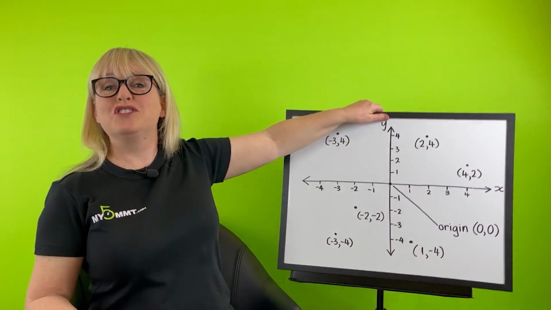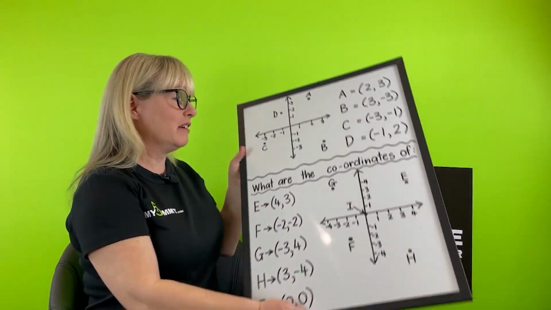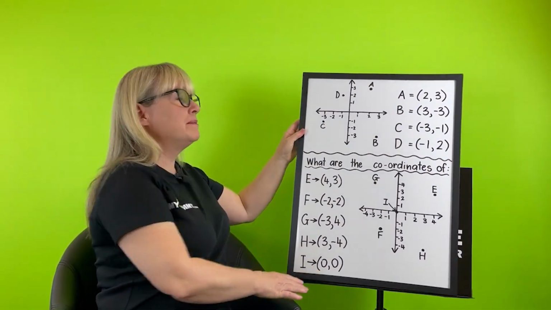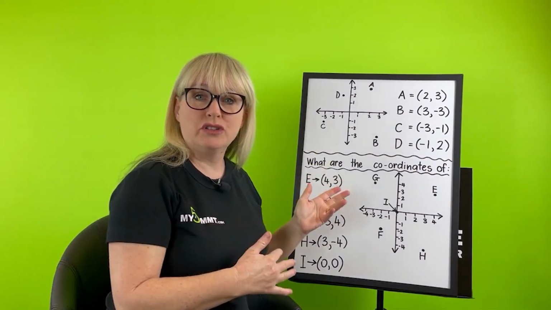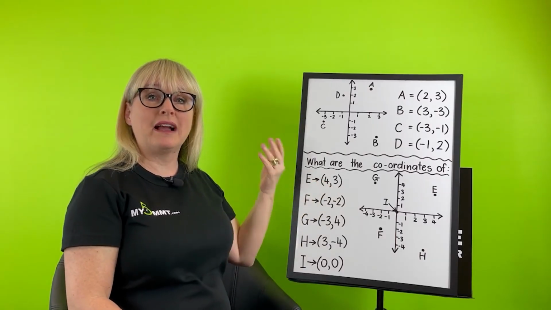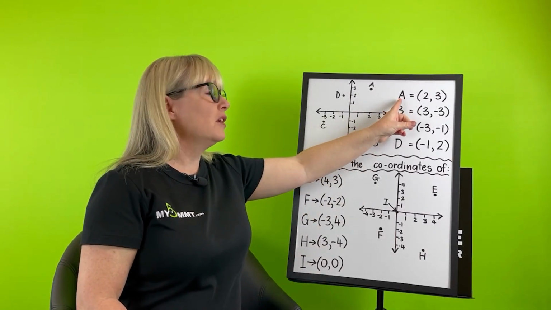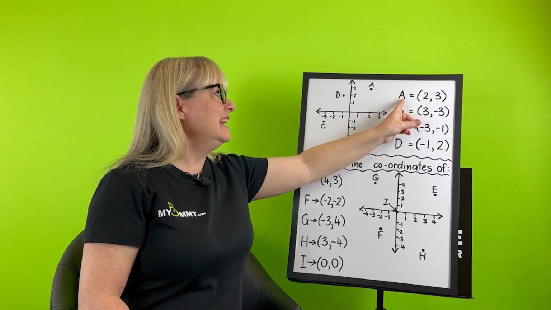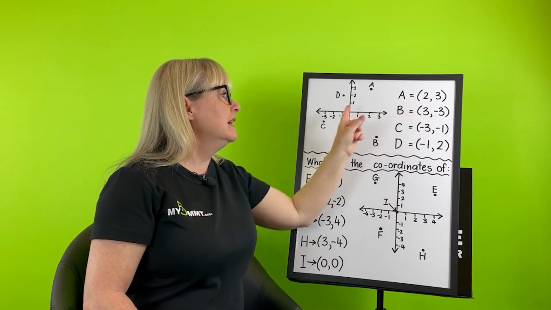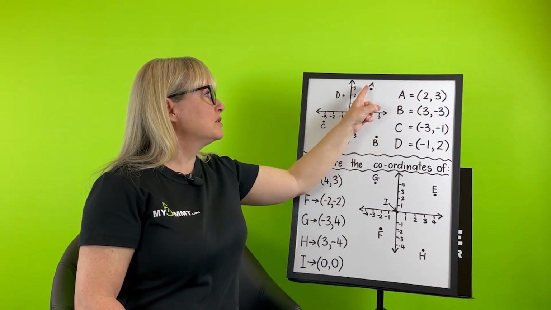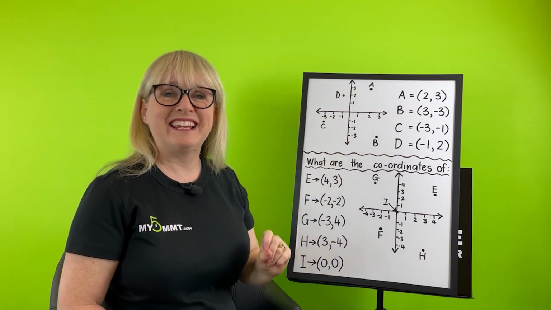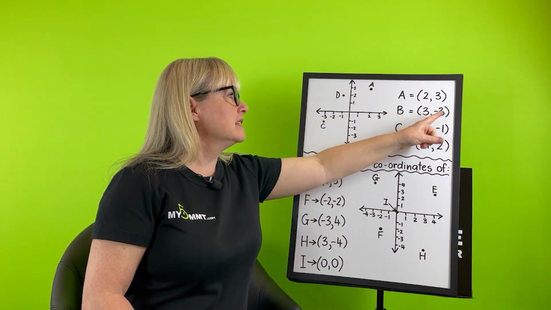Well, we can use our coordinates once we know what a Cartesian plane is and how to draw one up and label it very accurately. Sometimes we're putting dots onto our Cartesian plane from a guide. Like here, I've followed the guide. It said A is going to be 2, 3. So I went across to 2 and up to 3. I did a dot and labeled it A. B is 3, -3.